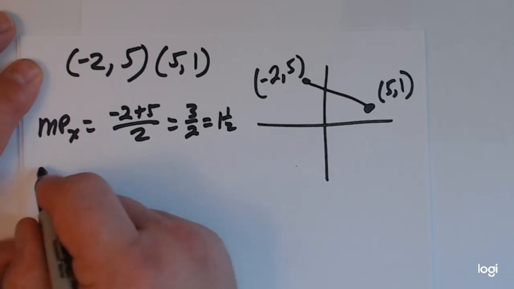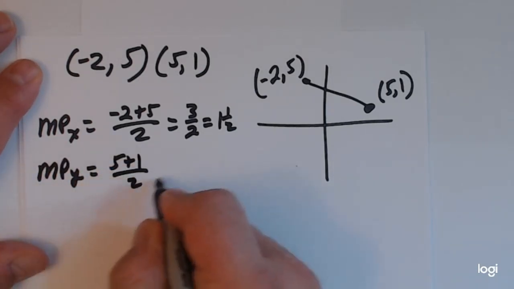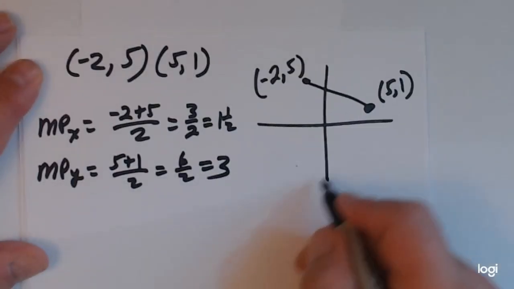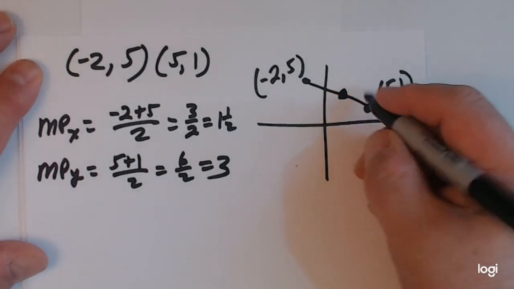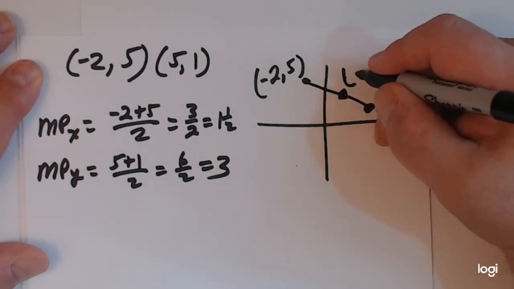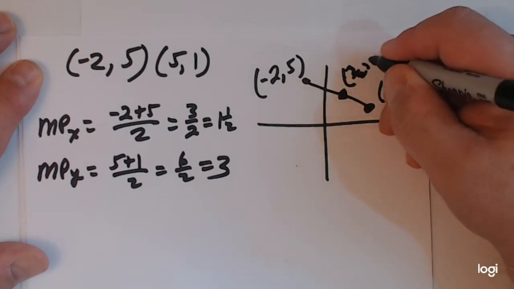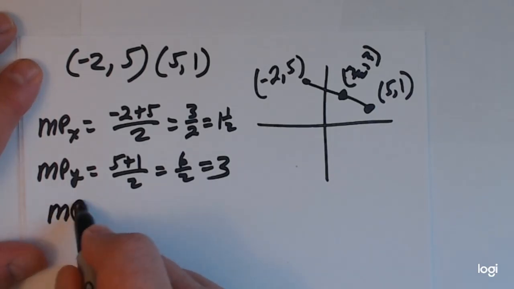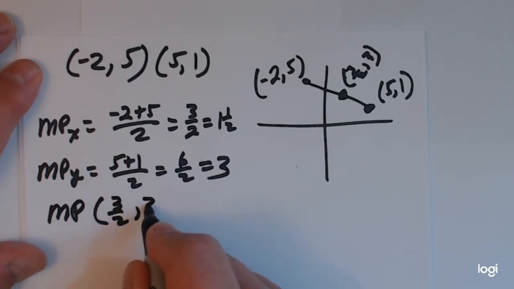And the midpoint of y is 5 plus 1 over 2 equals 6 over 2 equals 3. So there's our midpoint, which is 3 halves, 3.